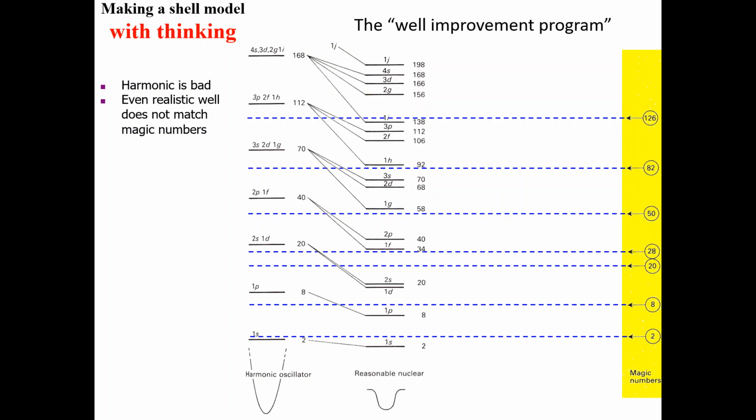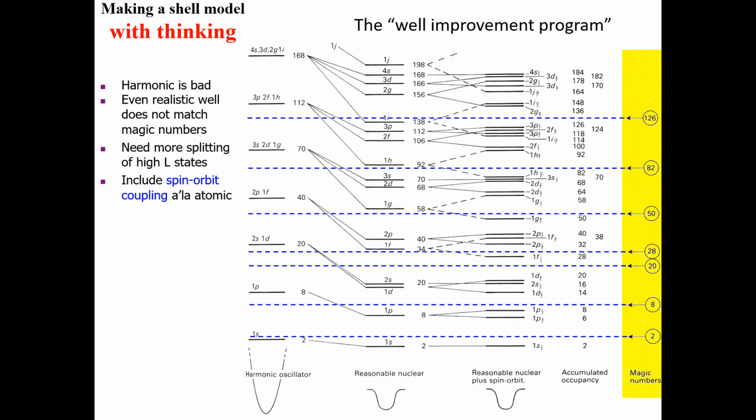So even the rounded well does not match the magic numbers, so it needs more splitting of higher L states. What it means is that it should include a spin orbit coupling at a low atomic number, and magnetic coupling is much too weak and of the wrong sign.